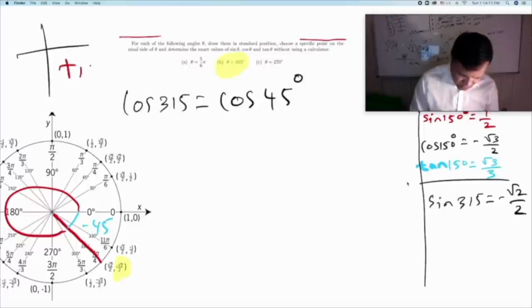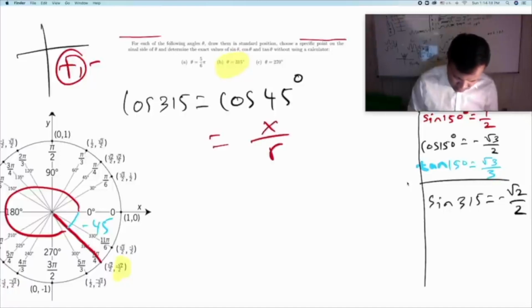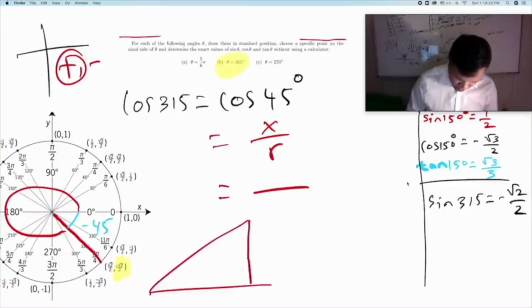So cosine 45 is x over r. What is x? Let's put it in a right triangle. This is my 45 degree, this is 1, this is 1, this is square root of 2. So my x is 1, and my r is square root of 2.